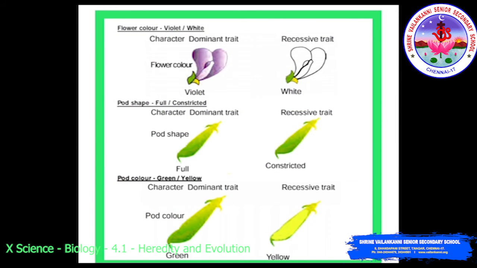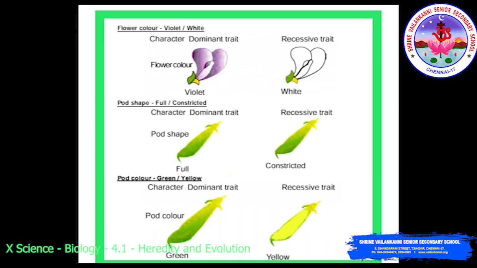Now we are going to discuss flower color. The variation shown is violet as well as white. Violet is the dominant trait and white is considered the recessive trait. Next we move on to pod shape, whether it is full or constricted.